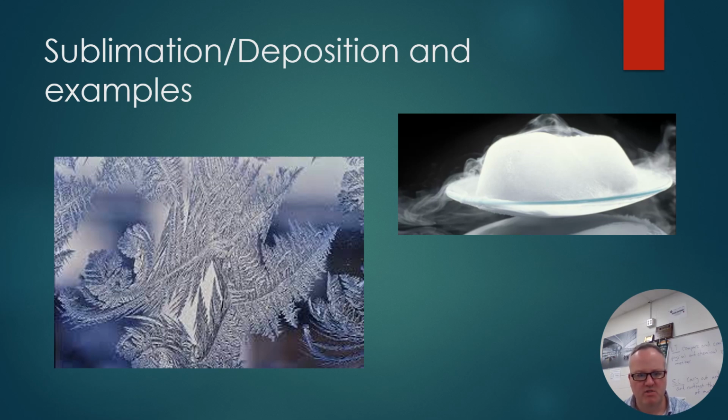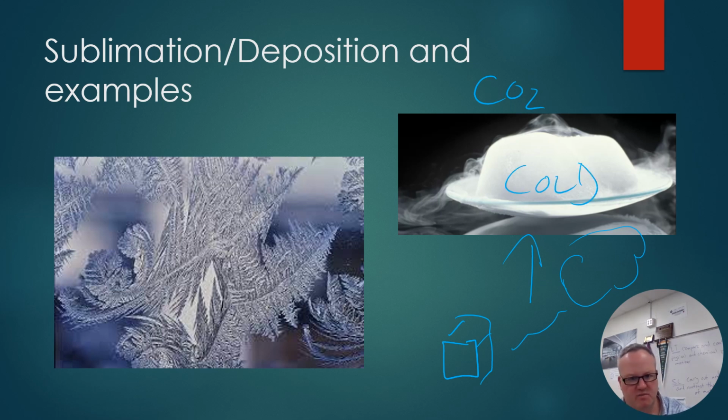Understand sublimation and deposition examples. So this right here, this is CO2 dry ice. So the dry ice is going from being a solid, and it is turning into a gas. It's skipping liquid altogether. And that's frozen CO2. It's very cold. Don't touch it.